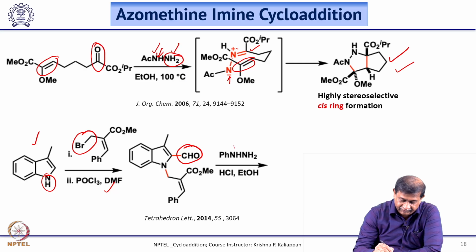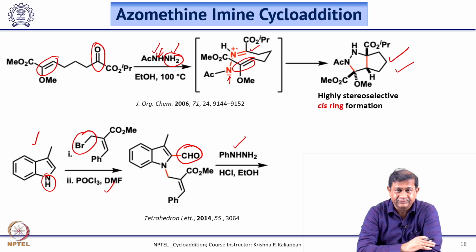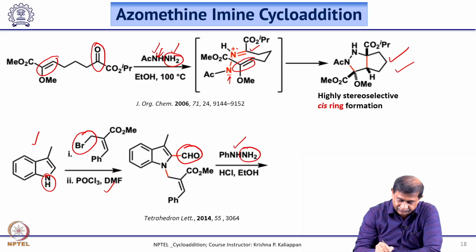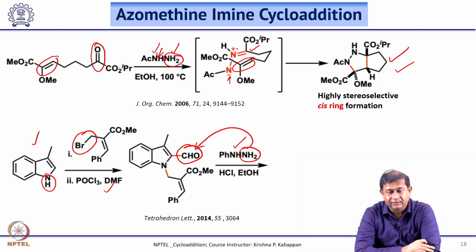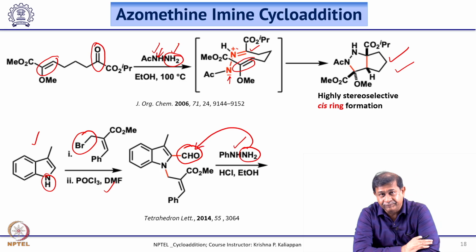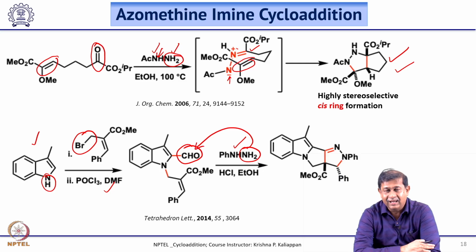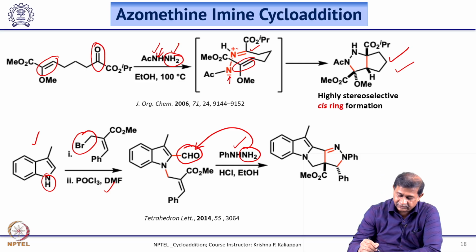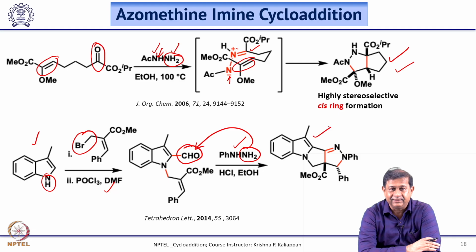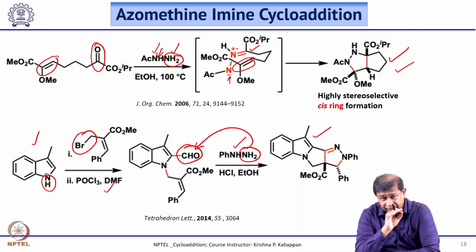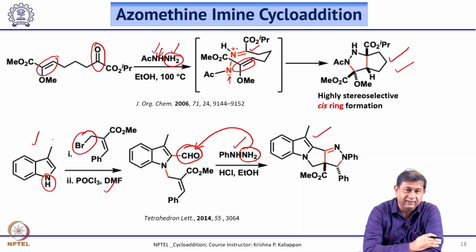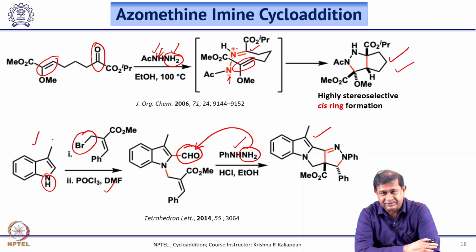Now, if you treat with phenylhydrazine, this NH2 will form the imine, and followed by intramolecular proton transfer, one will get the corresponding azomethine imine, and that will spontaneously undergo intramolecular 1,3-dipolar cycloaddition to give this tetracyclic compound. So all this, if you look at it, from known 3-methyl indole in 3 steps.